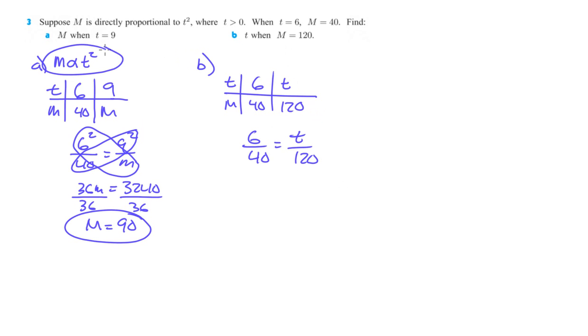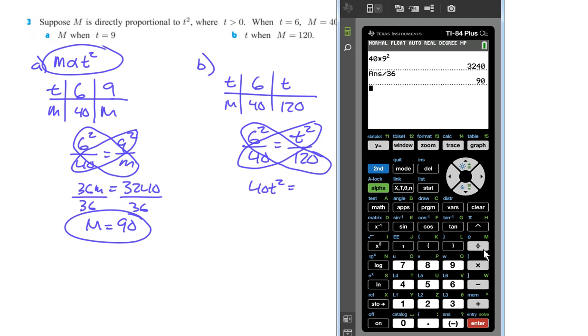But again, here's our direct variation statement. So we know that the t's have to get squared before we do our cross multiply. So we get 40t squared equals 6 squared times 120, which gives us 4320.